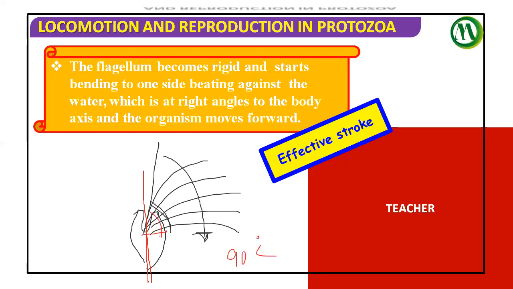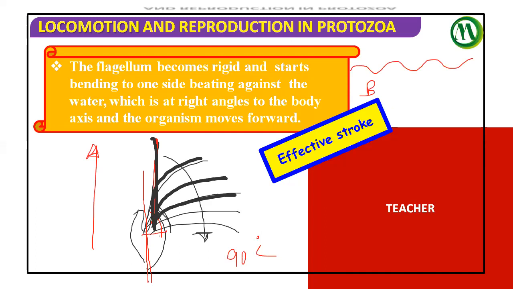Then the organism moves forward, not like earlier. In the earlier case, the flagellum showed undulation movement from base to tip or tip to base. But in this case, the flagellum first becomes rigid, then beats against the water at right angles to the body axis, and the organism moves forward.